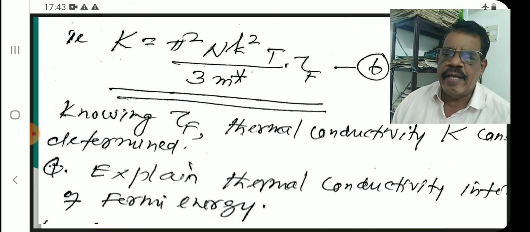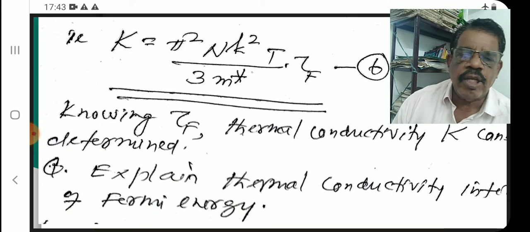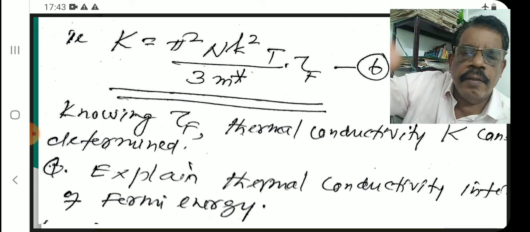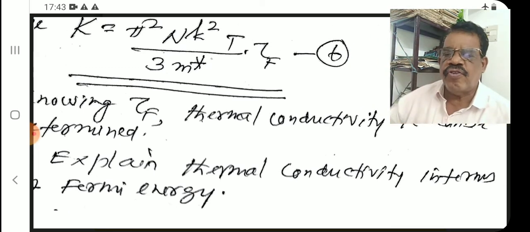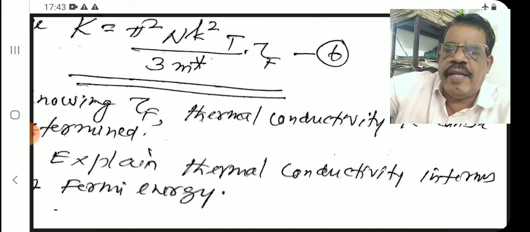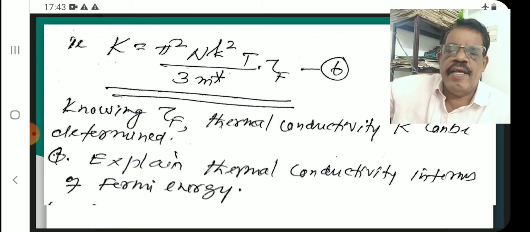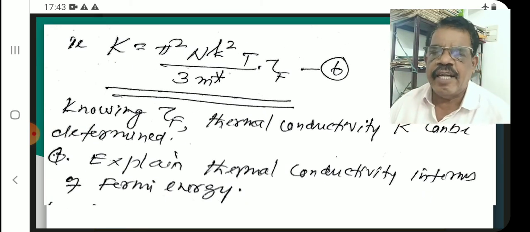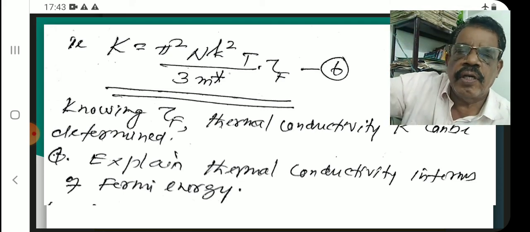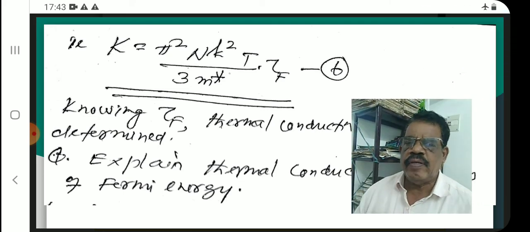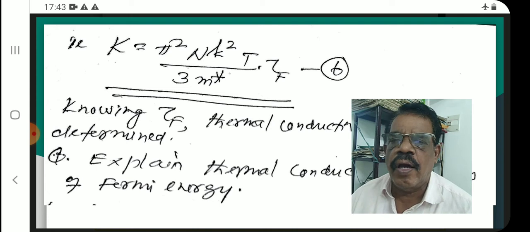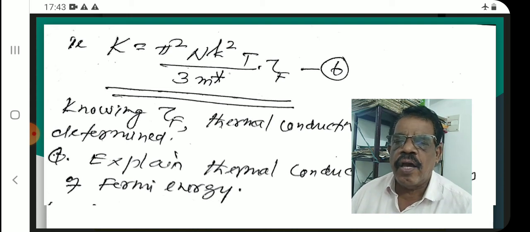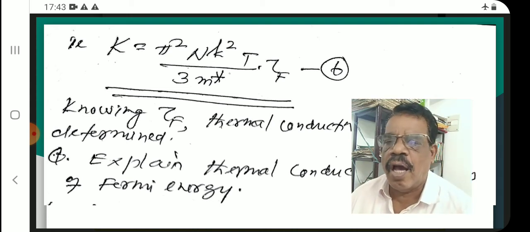The question may be like this: explain thermal conductivity in terms of Fermi energy. So here you see the expression for thermal conductivity. K is pi square n k square T tau F by 3m star.